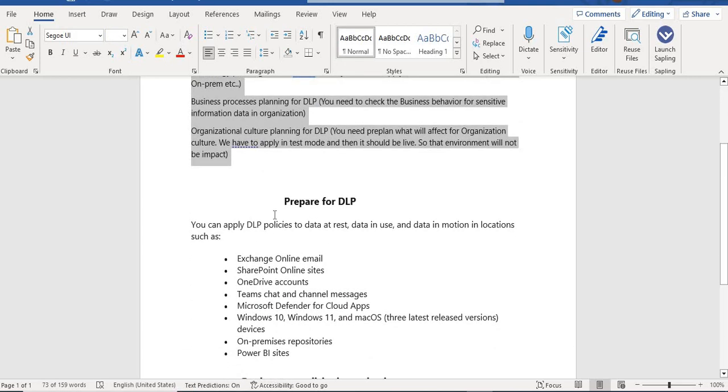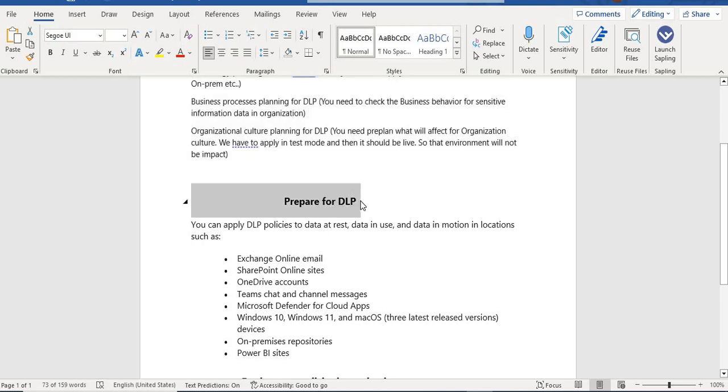Now we will come to preparing for DLP. Here you can apply DLP policy to data at rest, data in use, and data in motion in locations such as these.